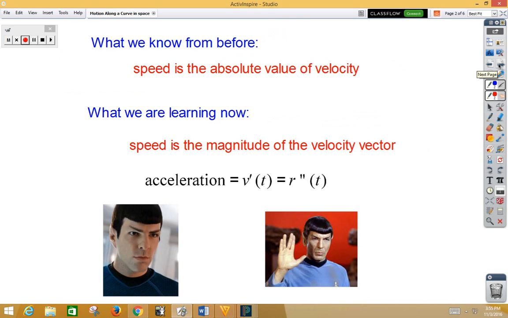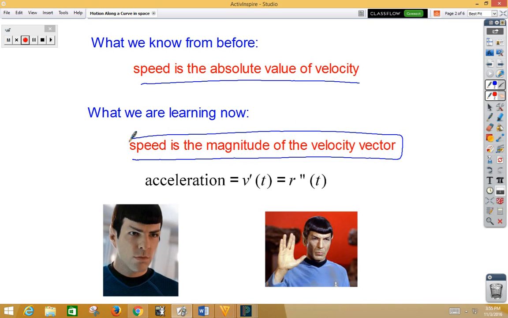Now what we know before from Calc AB is that speed is the absolute value of velocity. What we are learning now is with vectors, speed is the magnitude of the velocity vector. Now that's a key FRQ component in AP. Also realize that acceleration is still the derivative of velocity, or the second derivative of position. Seems logical to me.